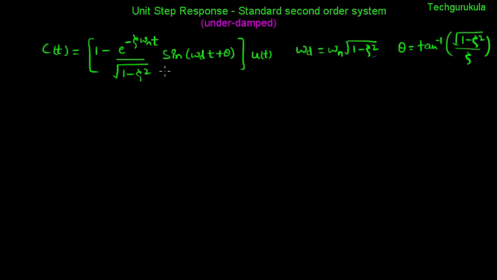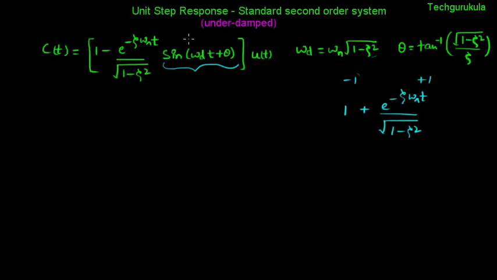Before we simply draw the plot for this expression, let us understand how it looks if we try to plot. We know for a sinusoid, whatever values you give inside the sinusoid, it will take values only between -1 to +1. So for a -1 value, this expression of C of t will become 1 plus, because minus of minus, e power minus zeta omega n t over square root of 1 minus zeta square.